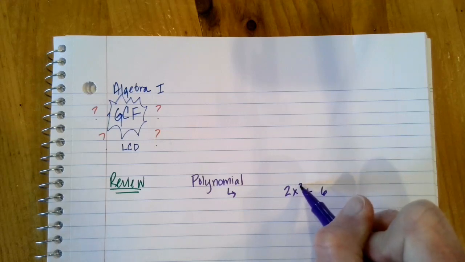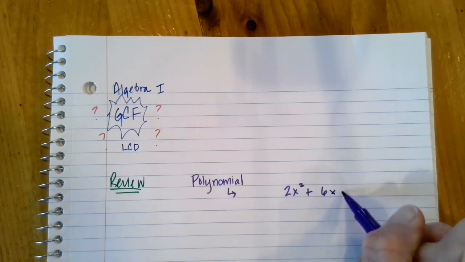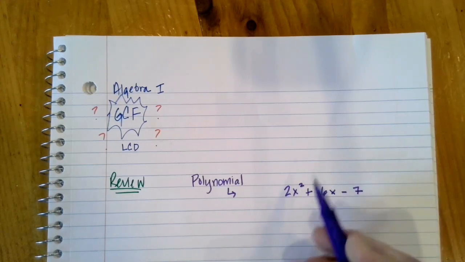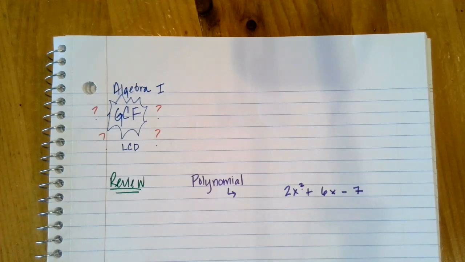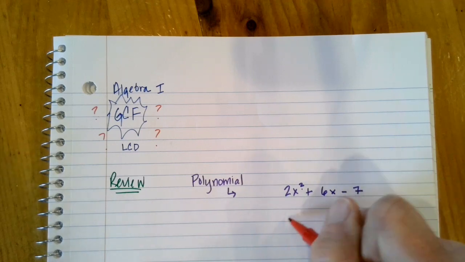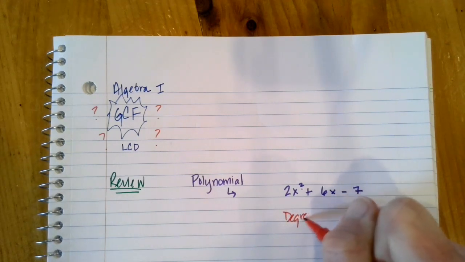We always put our highest term in the front and decreasing terms as far as our powers go when we go down. We can then label these terms, and it helps us know the rules or what to do with them. And the first thing we do is we classify this polynomial by degree.